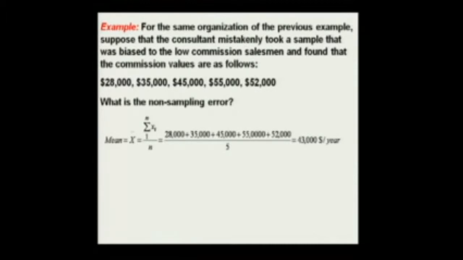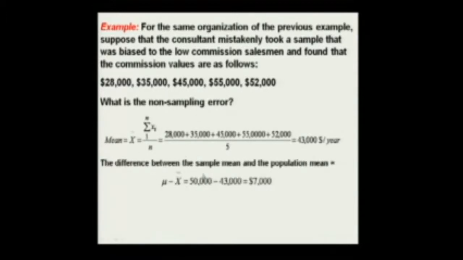But now we have a strange value of 43,000. That is way lower than the anticipated average of the population of 50,000. So now we have a 50,000 anticipated average, a 43,000 coming from a sample that is biased, and we have now a 7,000 error value.